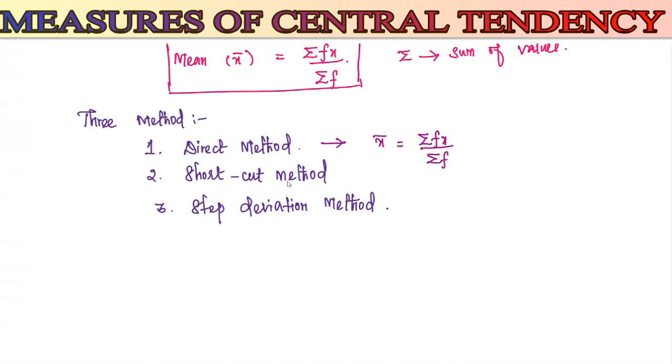The second one is the shortcut method. For this, the formula for mean is x bar is equal to a plus sigma fd divided by sigma f. Here a stands for assumed mean.